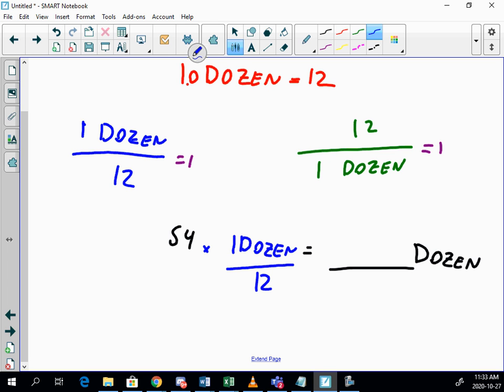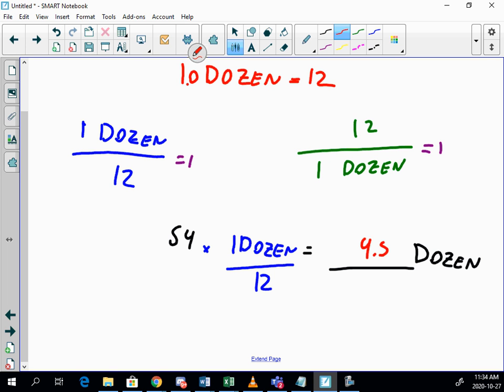And since I'm multiplying by 1, I'm not going to change anything, but I am going to get an answer in dozens. If I do 54 times 1 divided by 12, well, I get 4.5. And so my conversion gets me to 4.5 dozen. In other words, 54 cakes is 4.5 dozen cakes.